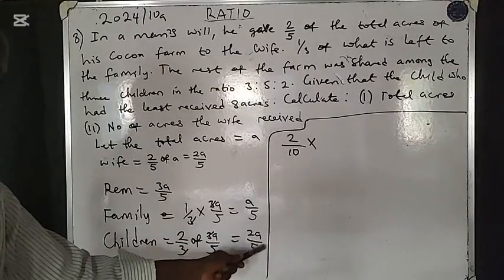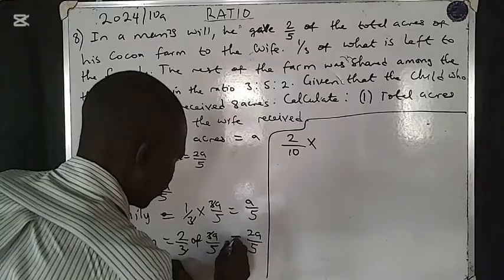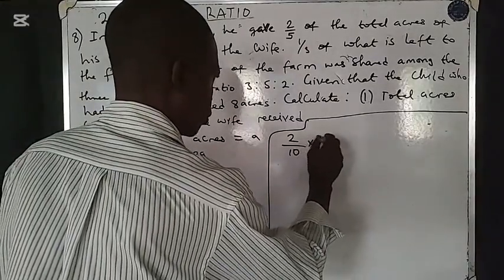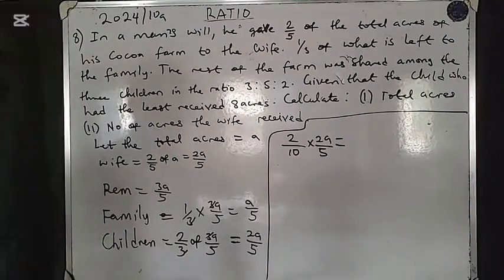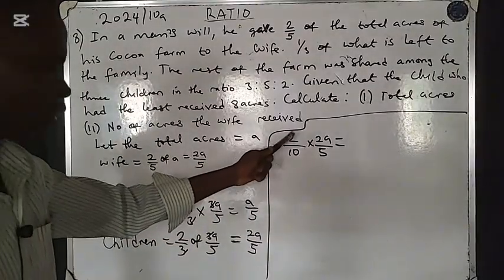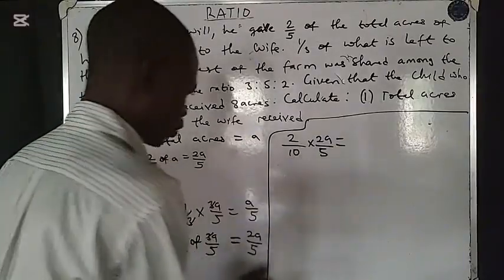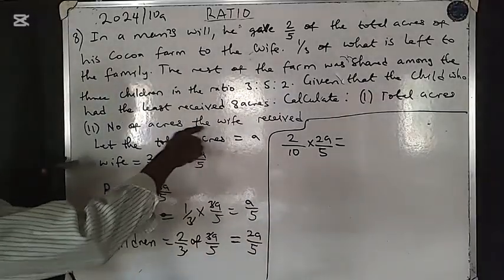This is what they are sharing because this is what is remaining for the children, right? They are sharing 2a/5. So they are sharing times 2a/5. So the ratio of that child that got the least over total ratio multiplied by the total amount of what the children got will give us the share of the child, which is 8.